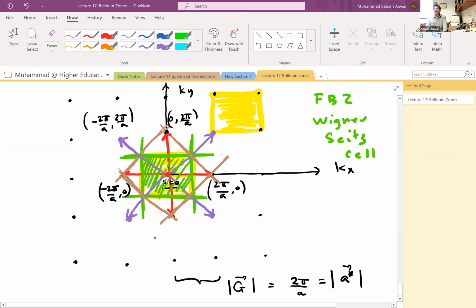The area inside these bisectors, but outside the first Brillouin zone, now corresponds to the second Brillouin zone. This area that I'm shading as brown is the second Brillouin zone. All right.